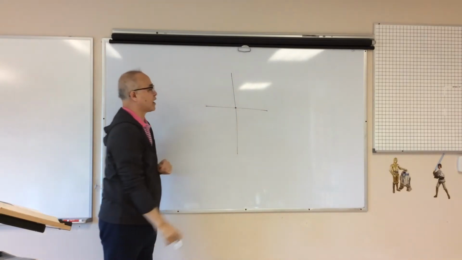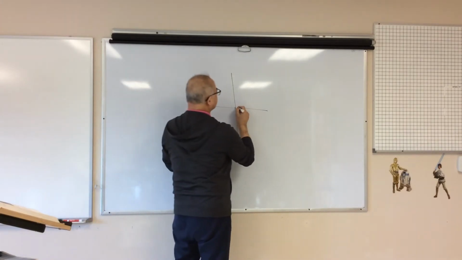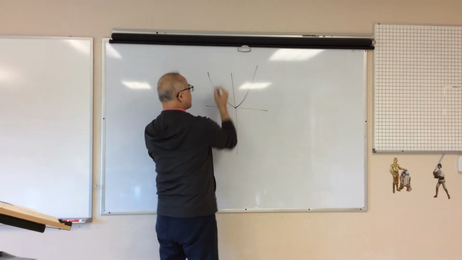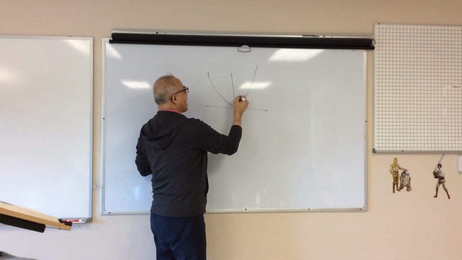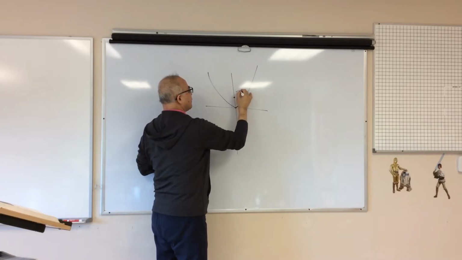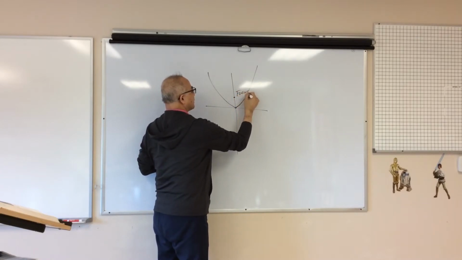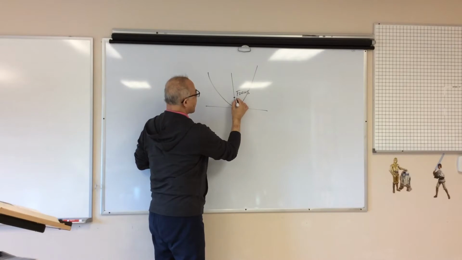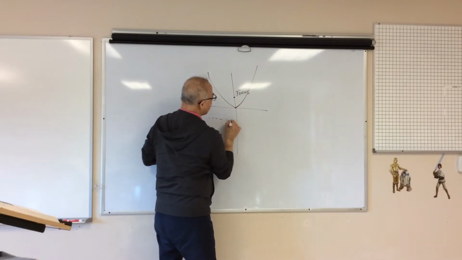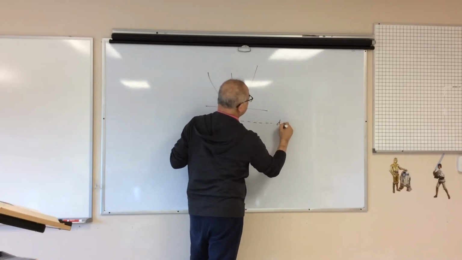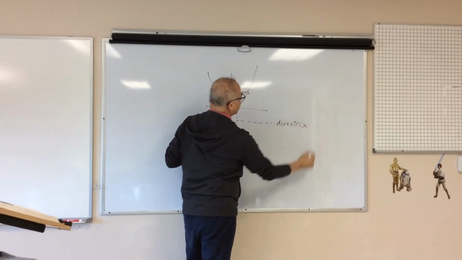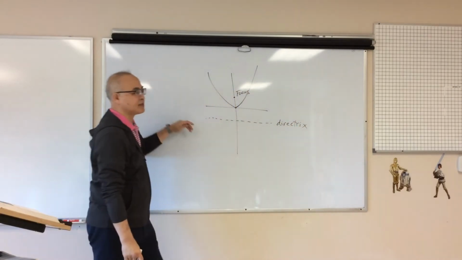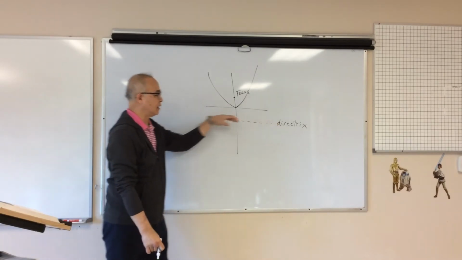If this was the vertex, and something like that, we're going to define this as the focus, and then we're going to have the same distance away what we call the directrix. The directrix is a line.